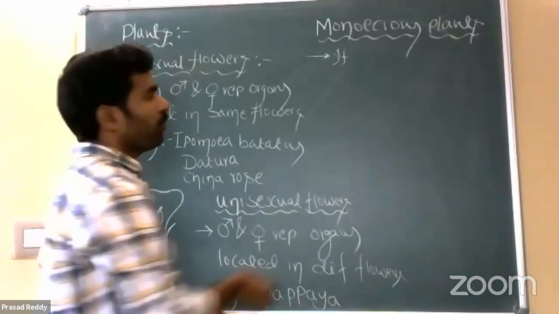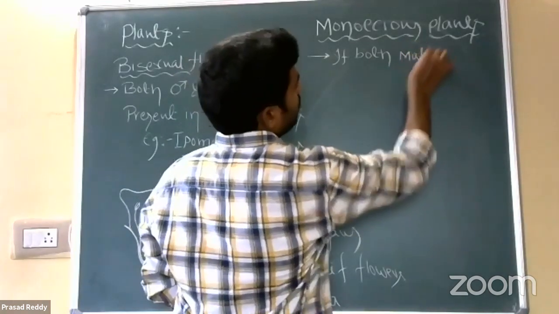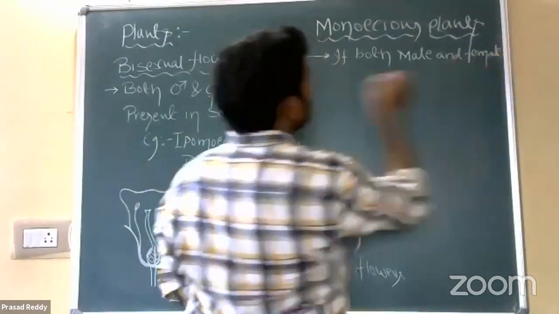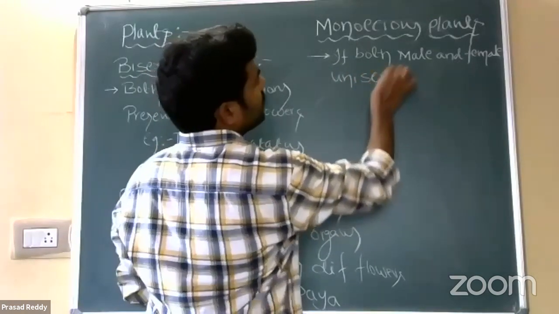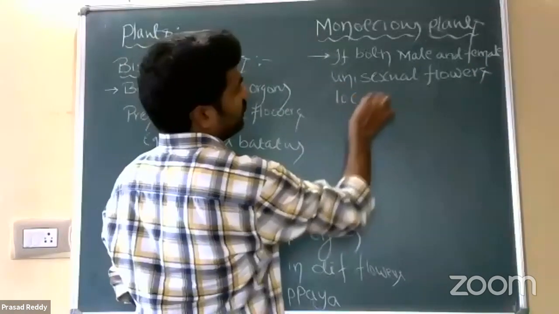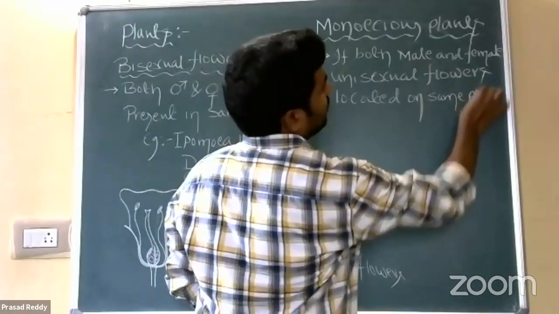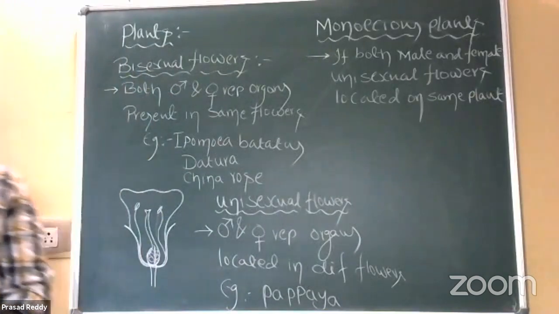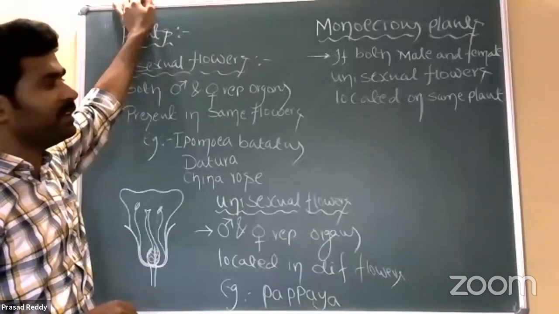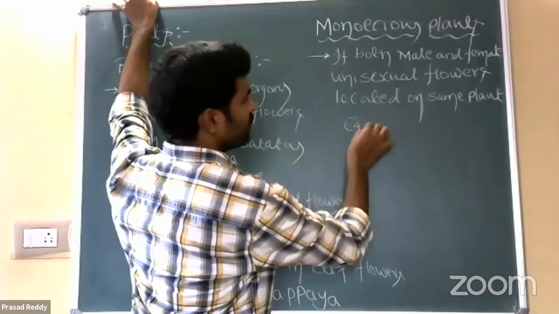If both male and female unisexual flowers are located on the same plant, they are called monoecious plants. So that is the definition for monoecious plants. Now give me some examples.